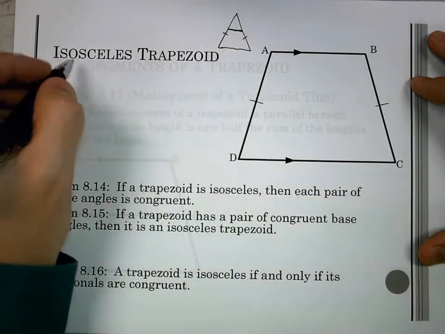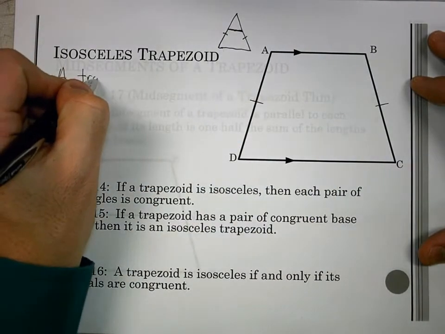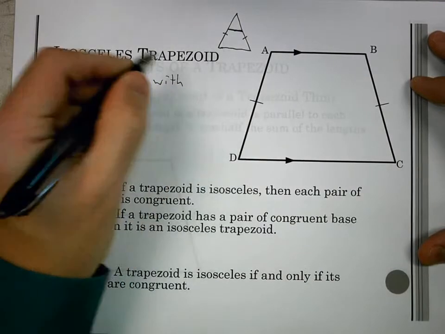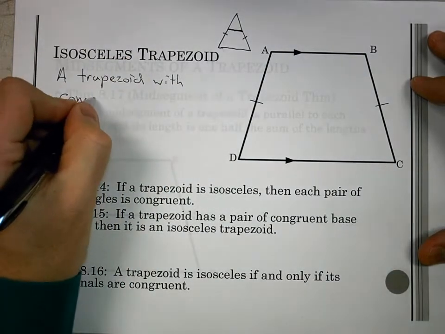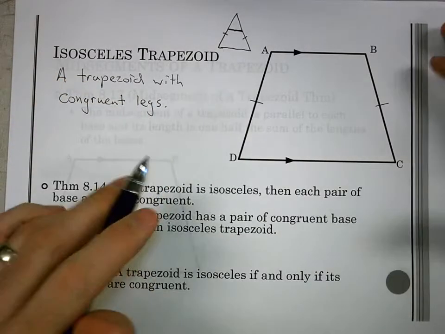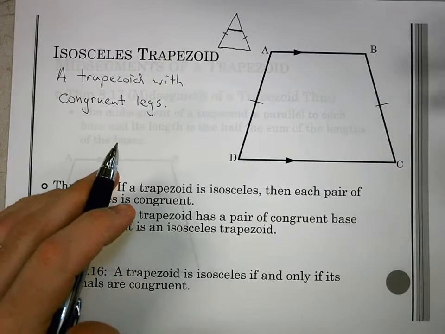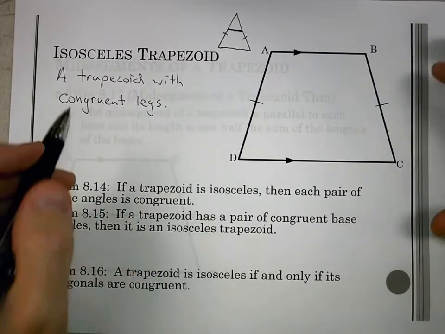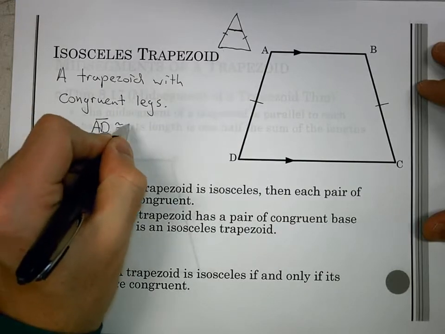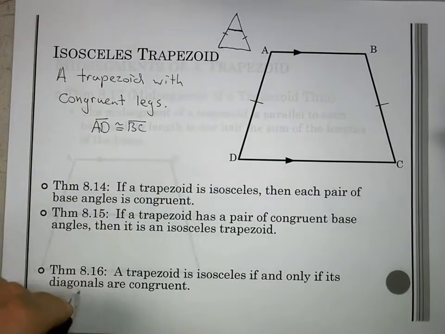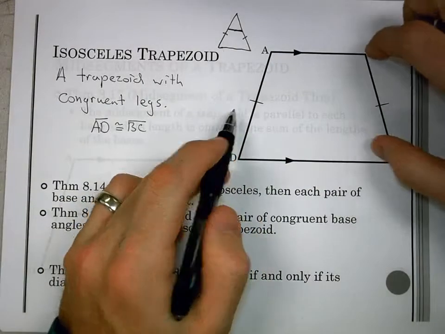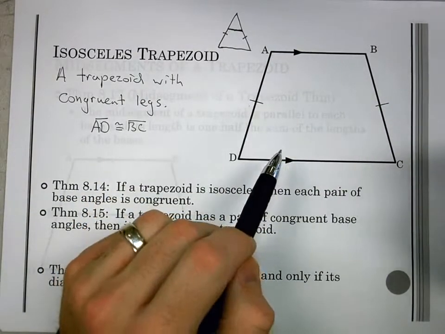So this is a trapezoid with congruent legs. Before, when we just defined the trapezoid, we said it just had those legs, the non-parallel sides. For it to be isosceles, we get that AD is congruent to BC. So these sides are congruent. These are still parallel, but again, these sides would be congruent.